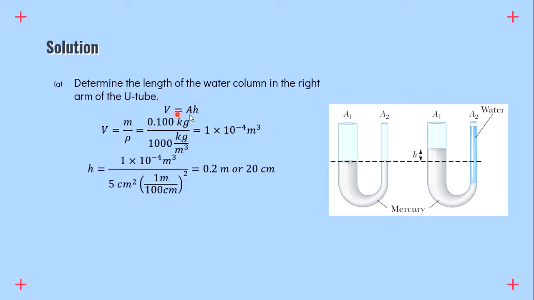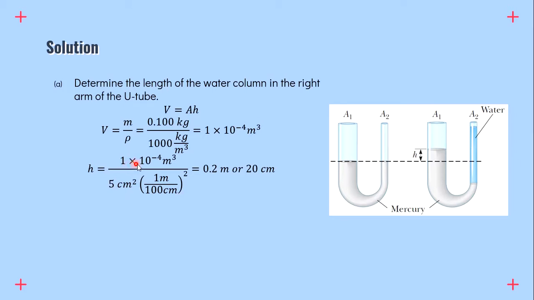Now, how high is that? H is equal to, I cross multiply this, I put this A below, H is equal to 1 times 10 raised to negative 4 cubic meter over 5 centimeters squared times 1 over 100 squared. I just converted this 5 into square meters.